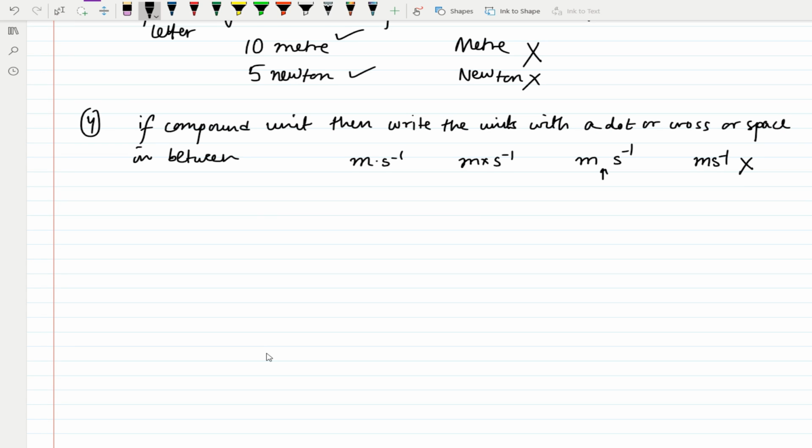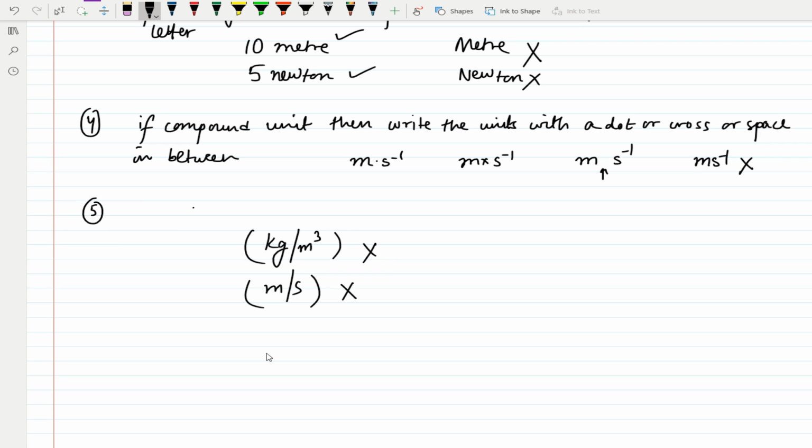The fifth point is that if you are using a compound unit which has a division in it, suppose kg per meter cube or meter per second, we are used to these, but we will not be writing them like this.